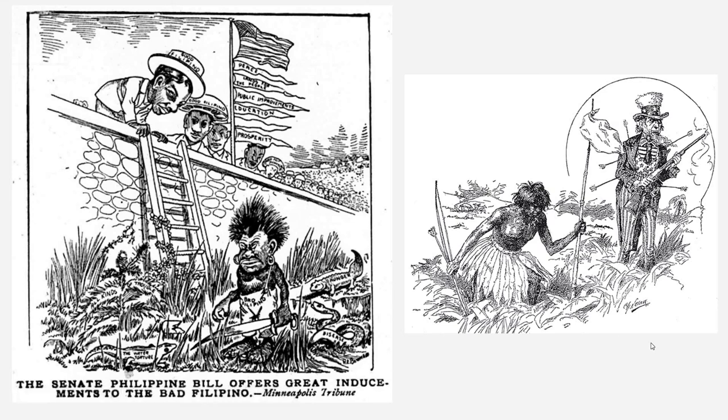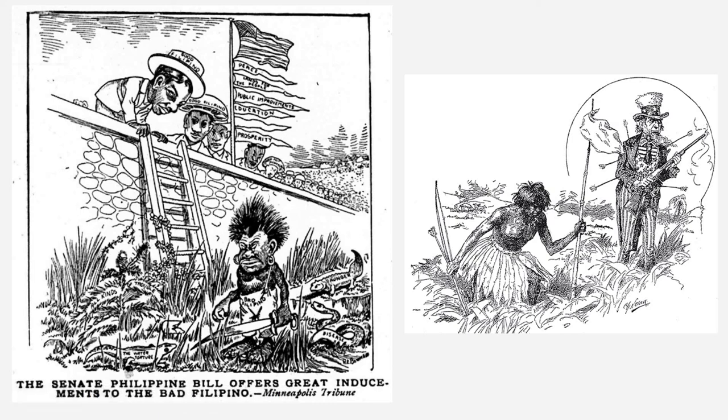So here's a couple cartoons here. This left one here: "The Senate Philippine bill offers great inducement to the bad Filipino." So again, these cartoons are not subtle. It shows the Americans over here with the good Filipinos up on the wall with them, with peace and land for people, public improvement, education, prosperity, and they're looking down at the bad Filipino with things like hunger and disease and torture, living in kind of the jungle down here.